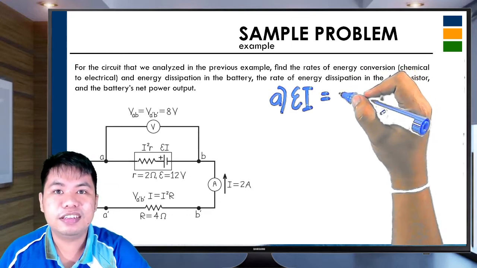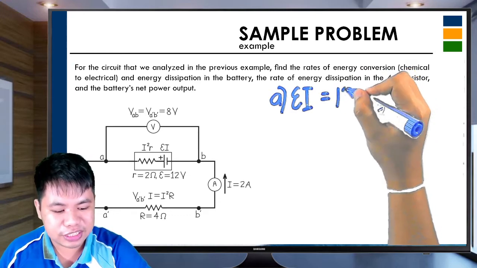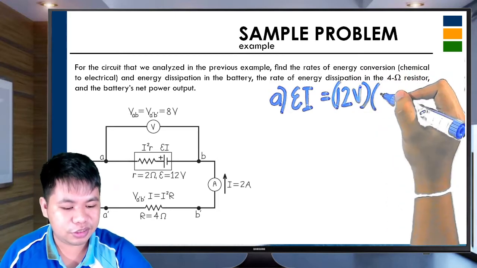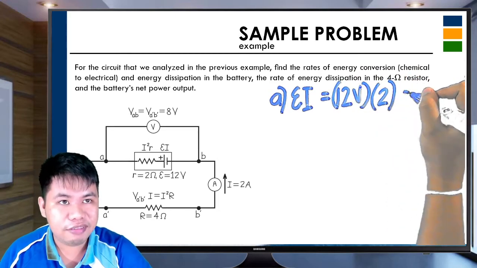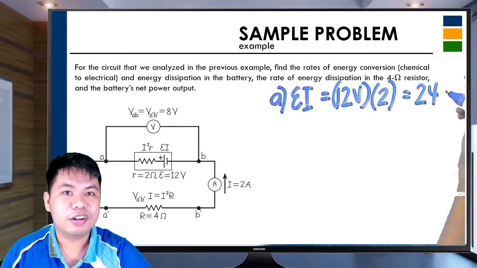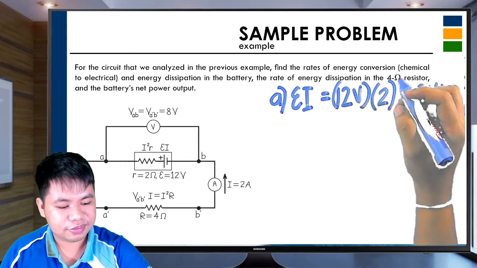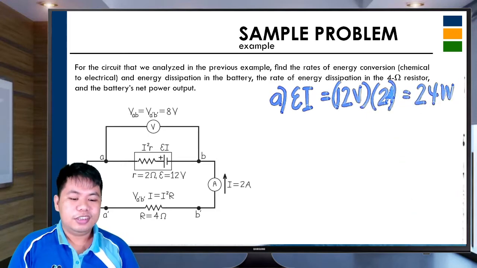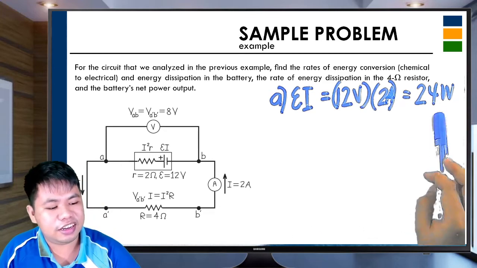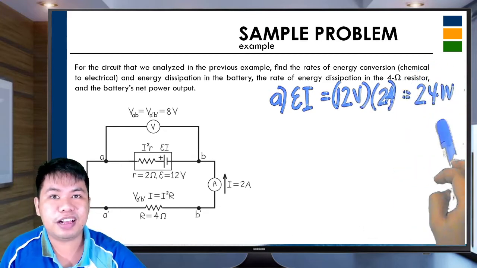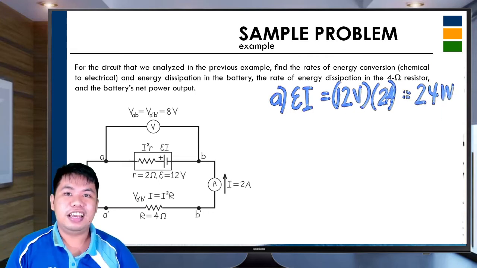We have E is 12 volts times the current, which is 2 amperes. So we have 24 watts. This is the energy converted from chemical to electrical energy.